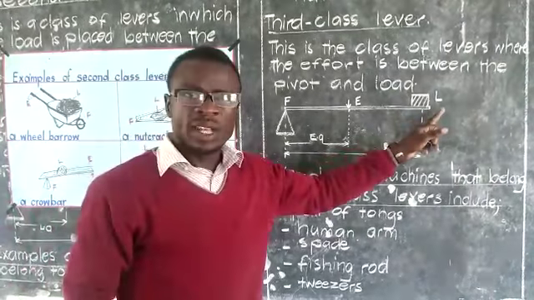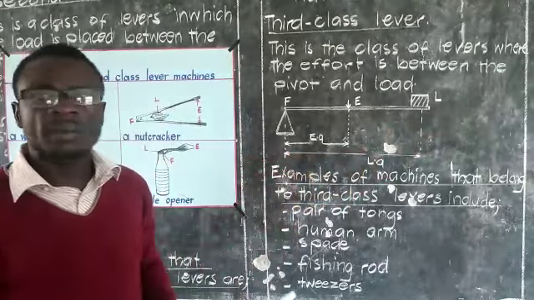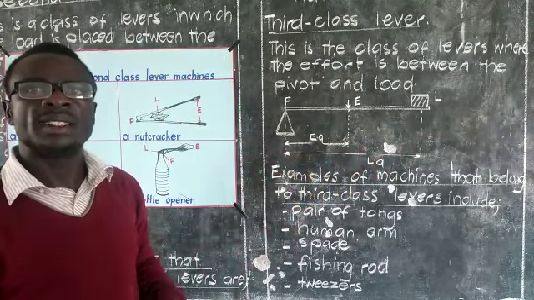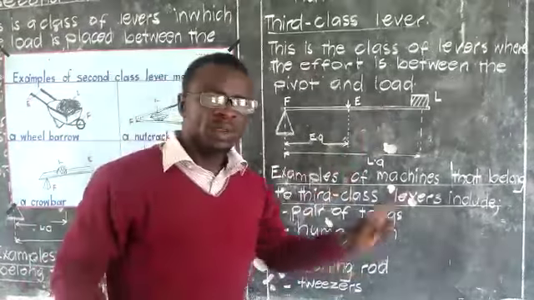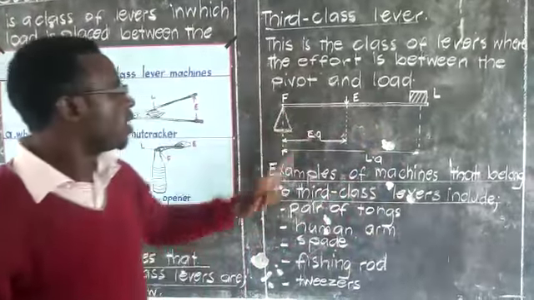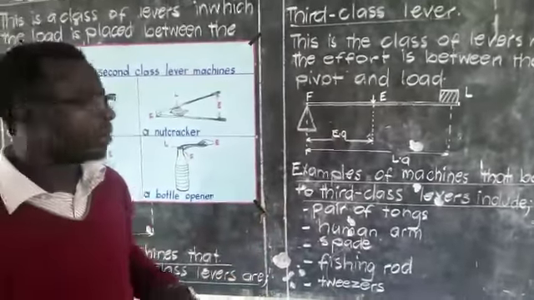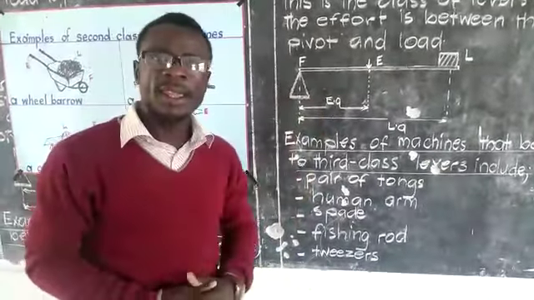The distance between the load and the fulcrum is known as the load arm. It is abbreviated as LA. The distance between the effort and the fulcrum is known as the effort arm. It is abbreviated as the EA.